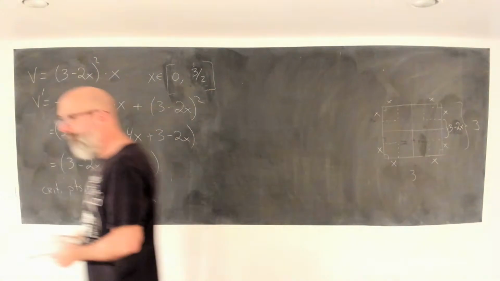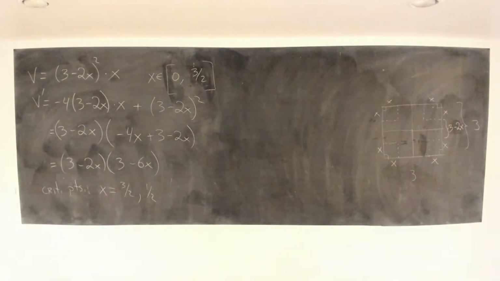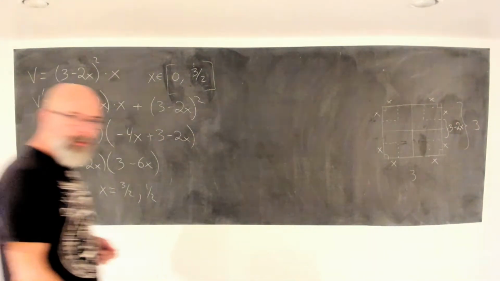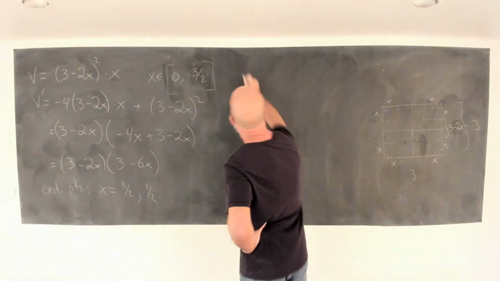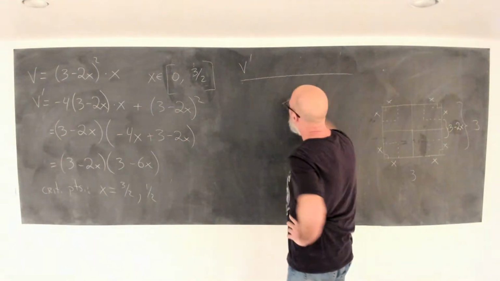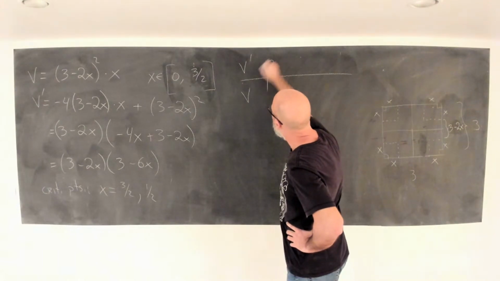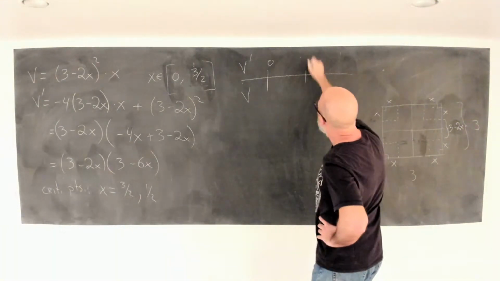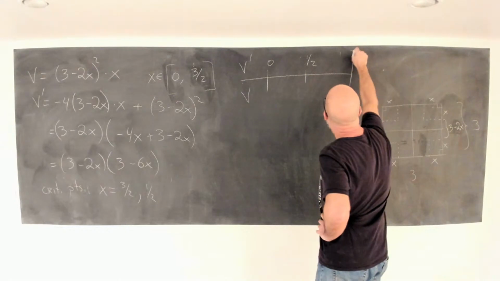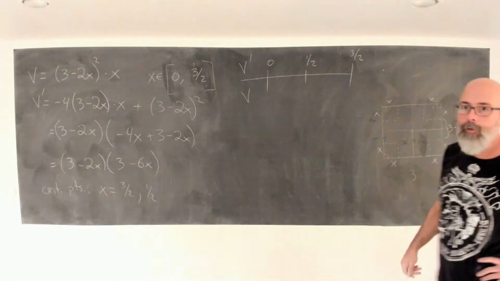All right. Let us draw the first derivative chart. Critical point of 1/2 and 3 over 2.